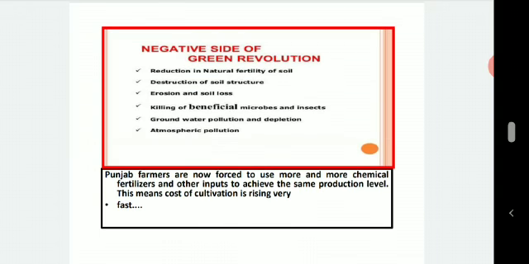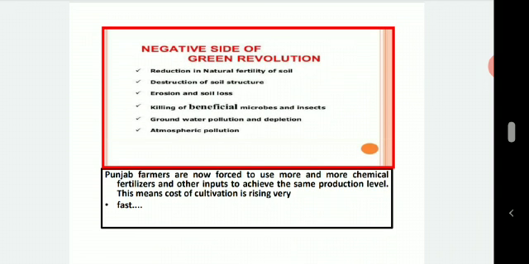Now, like every coin has two sides, the Green Revolution too has its sad story to narrate. It brought about reduction in natural fertility of soil. There was destruction of soil structure. It brought about erosion and soil loss.